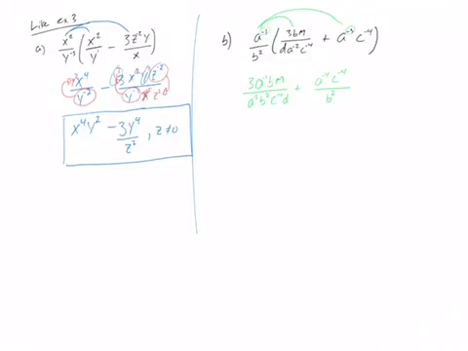Now let's see here. This a I'm going to bring up at the top. These b's will reduce. There's 1 there and 2 there. And that c I need to bring up top. This a I need to bring down, and this c I need to bring down.